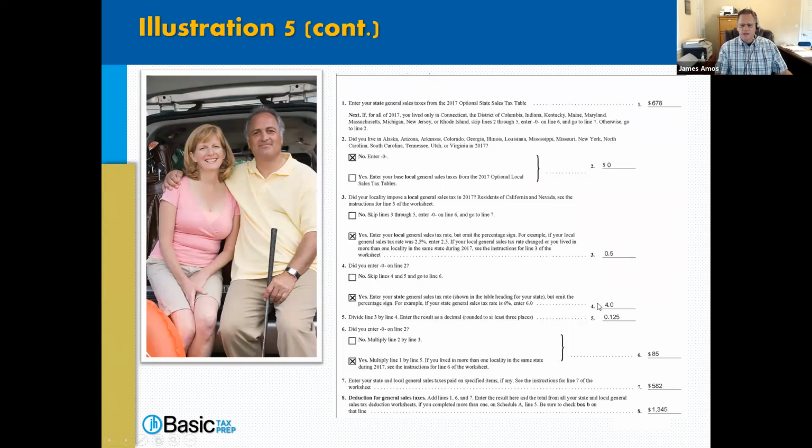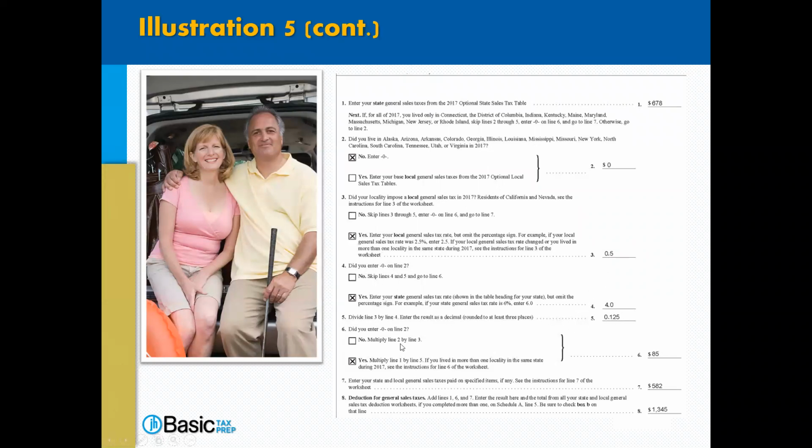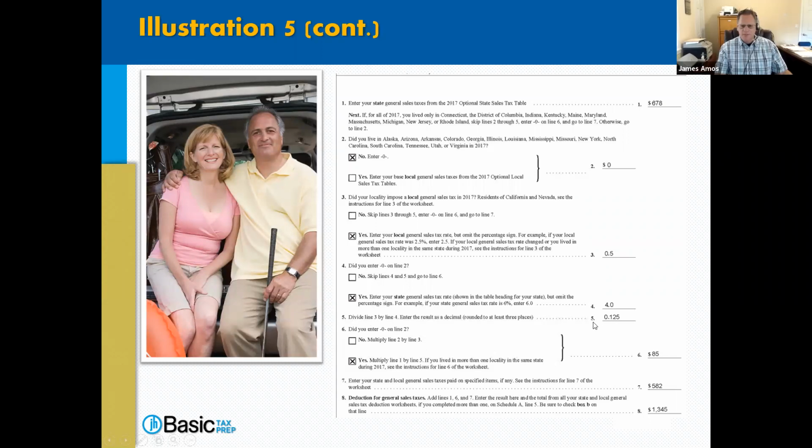Divide line 3 by line 4. So they're figuring out the percentage rate for the two. There's the percentage rate. Now they're calculating, and I'm just jumping around to tell you what they're doing. They're figuring out how much of the amount up here that you already have can you take for local sales tax. Well, it's based on a percentage of these two. That's all we're doing. So another $85, and then you add it all together.